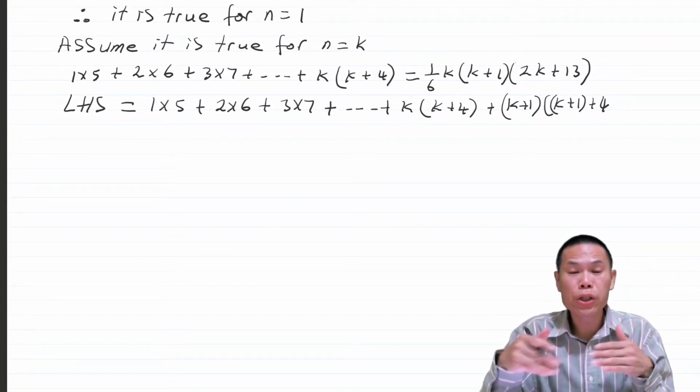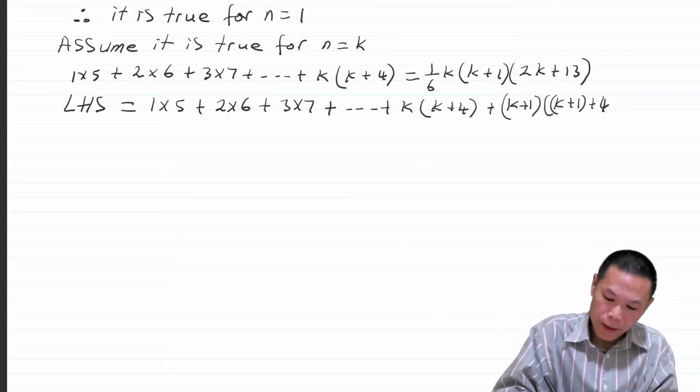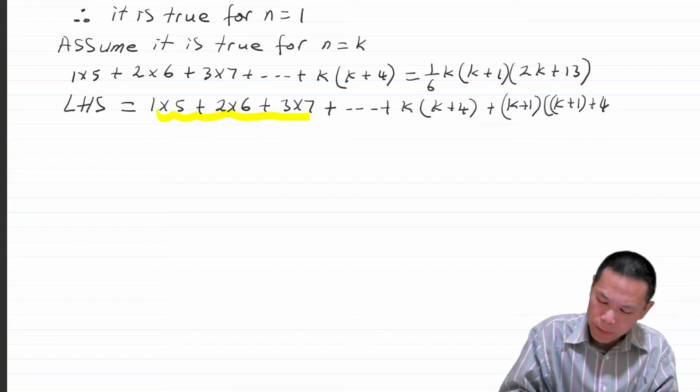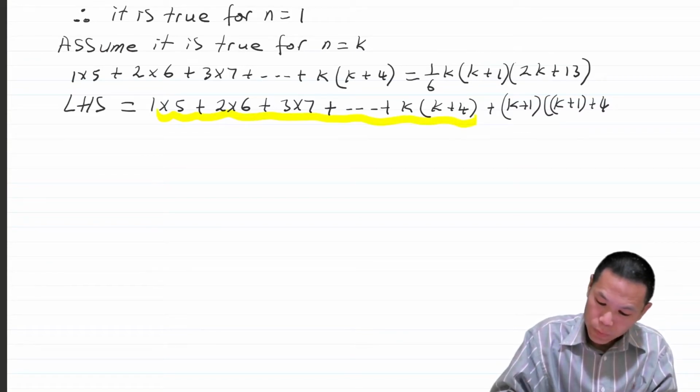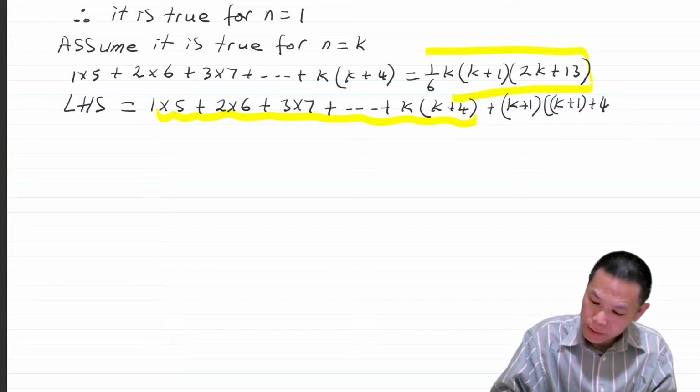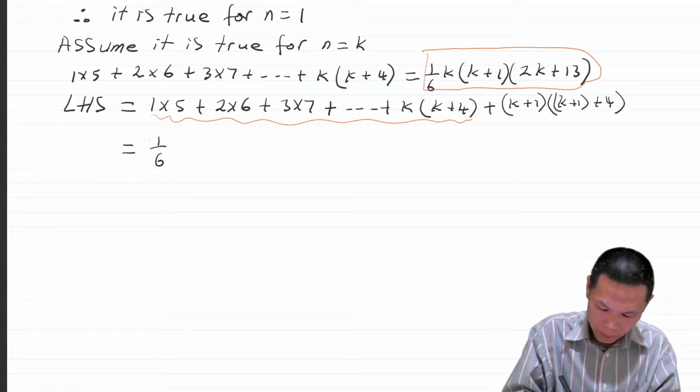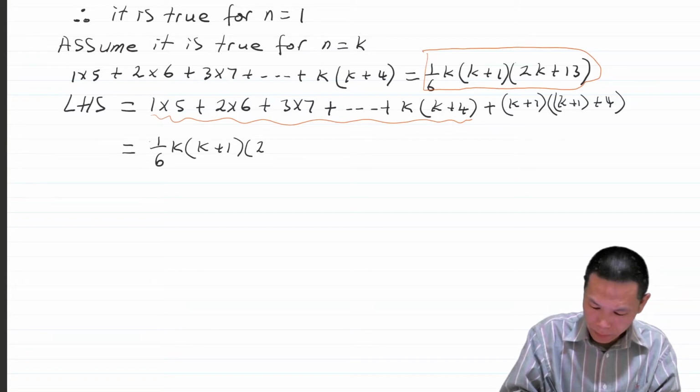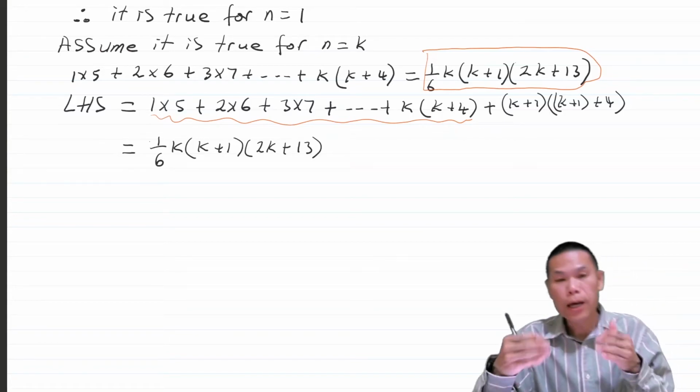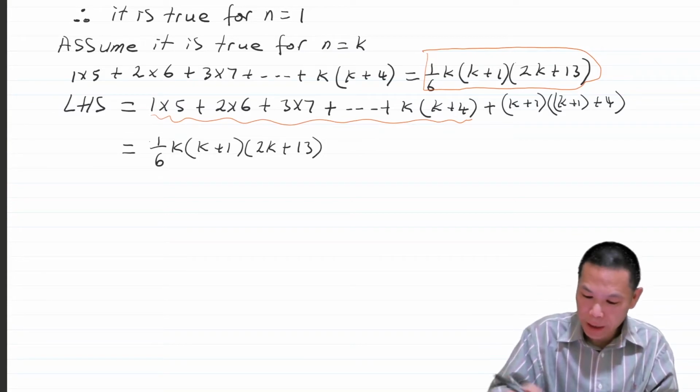So now we just need to simplify. But then because of these terms here, this is equal to this. And then we add the last term, that is k plus 1.